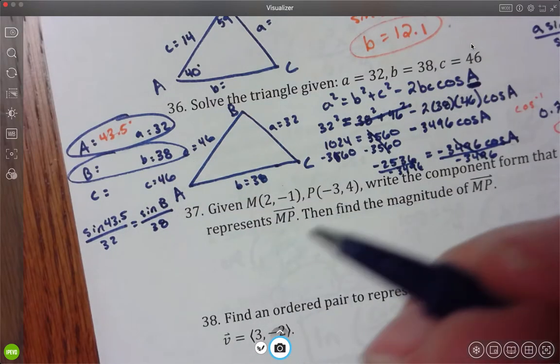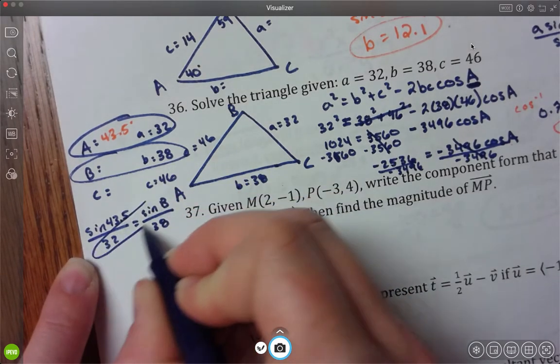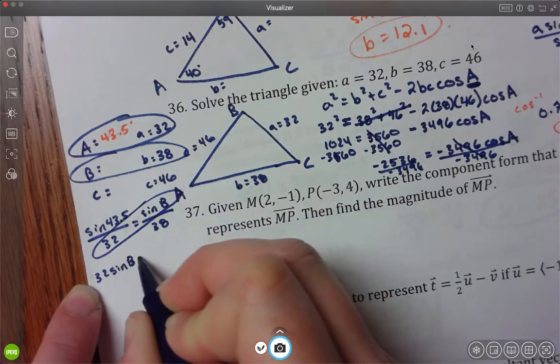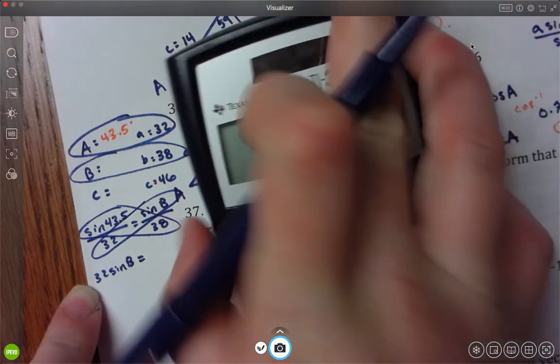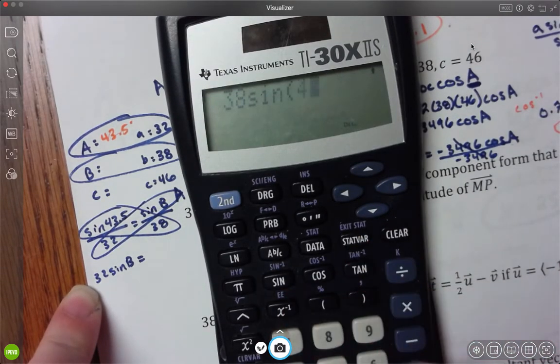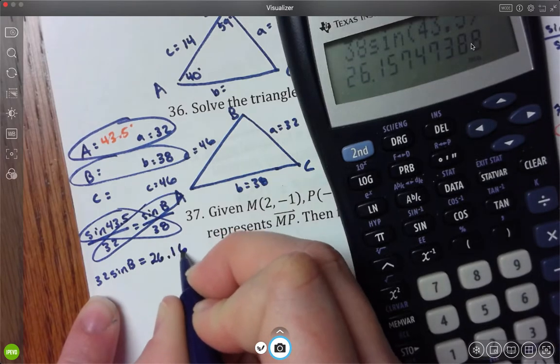And then I cross multiply. So I've got 32 times sine of B equals this, and let's multiply those together: 38 sine of 43.5. I get 26.16, something like that.